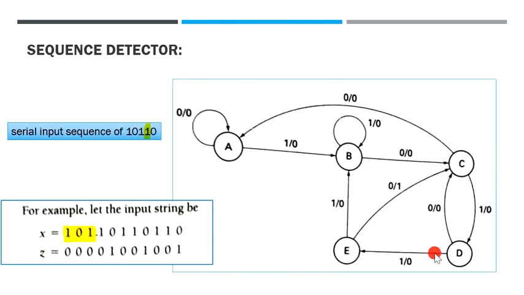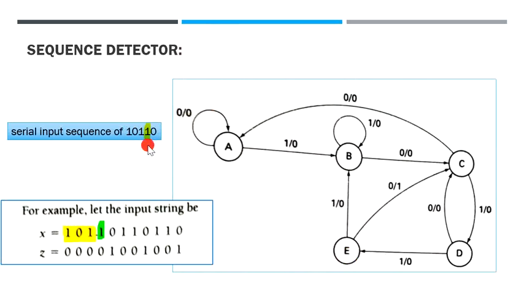If x is equal to 1, then you will move to state E, which will indicate that you have received 1, 0, 1, 1 correctly.